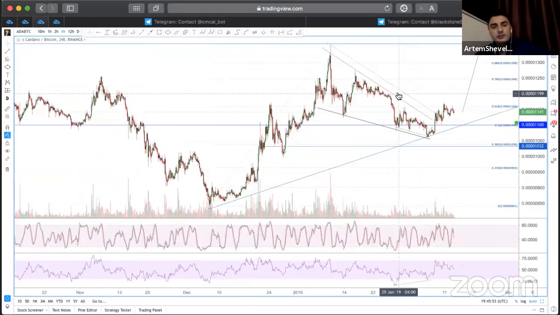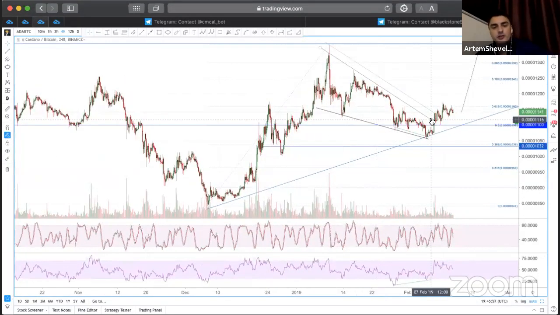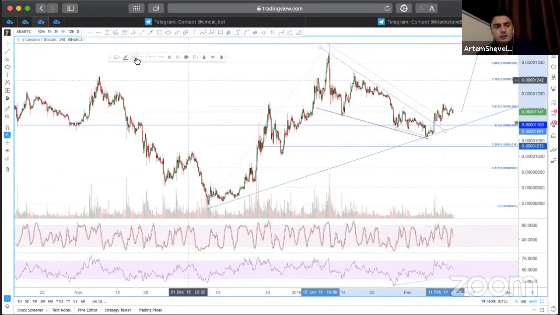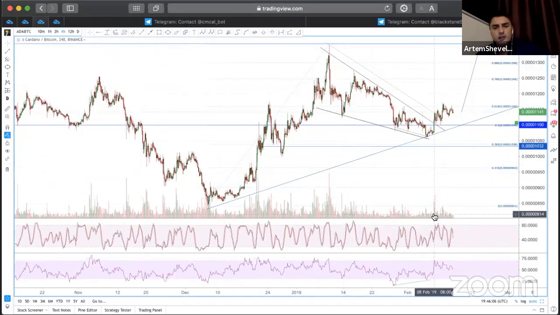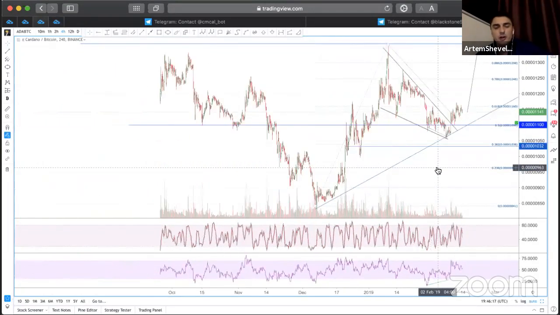As you can see on this side of the chart, you can see the falling wedge pattern, which is a bullish pattern in most cases. And we have a breakout with volume here and bullish divergence inside this pattern. So that's why I'm calling for a long on Cardano. This is a long-term trade or probably just a mid-term trade.